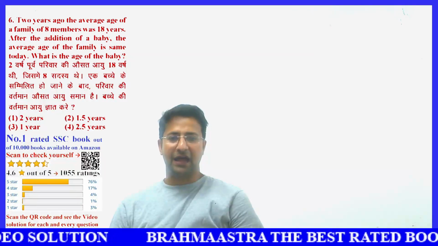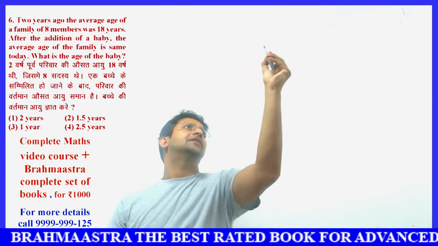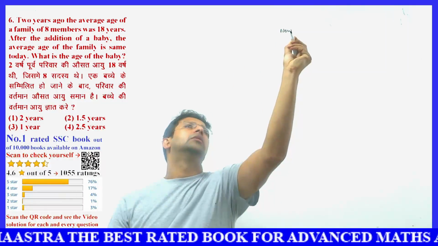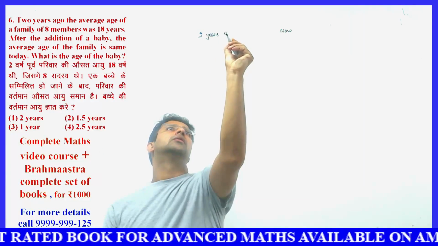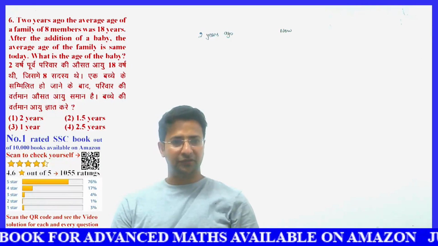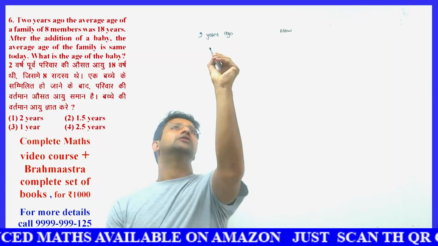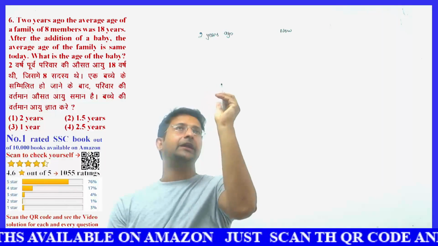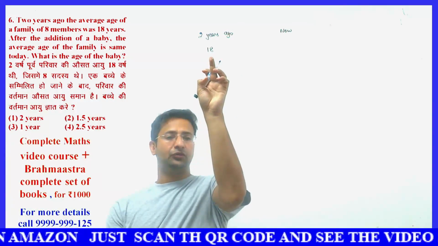2 years ago, the average age of a family of 8 members was 18. Let's say this is now, and this is 2 years ago. So 2 years ago, the average age of the family of 8 members was 18.